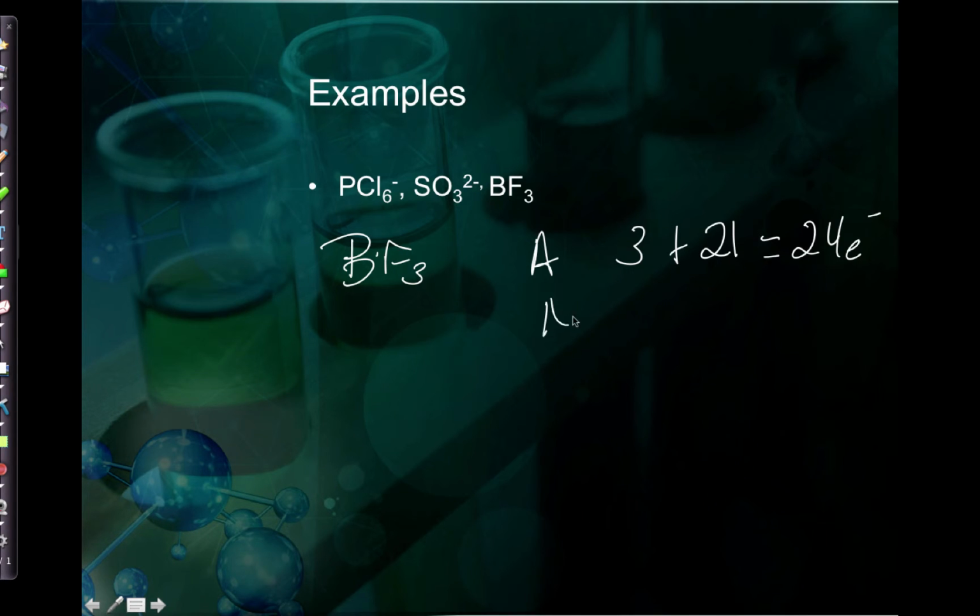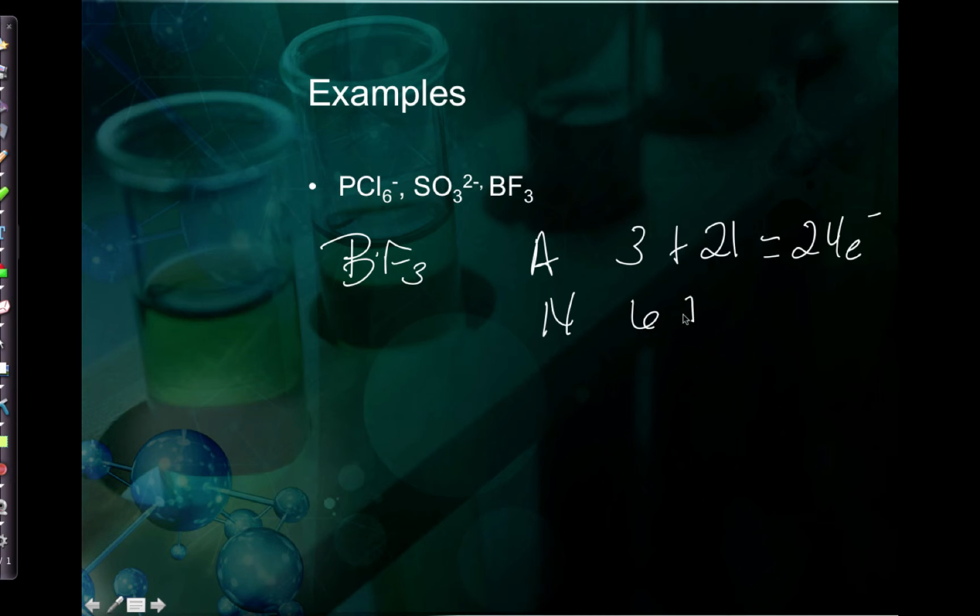All right, so now let's do the needed electrons. Well, boron's in group 3, which means it's an exception. So the exceptions are hydrogen only wants 2, groups 1, 2, and 3 only want 2, 4, and 6. So boron actually only wants 6 electrons, not 8.